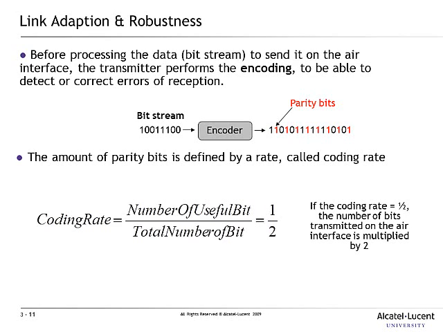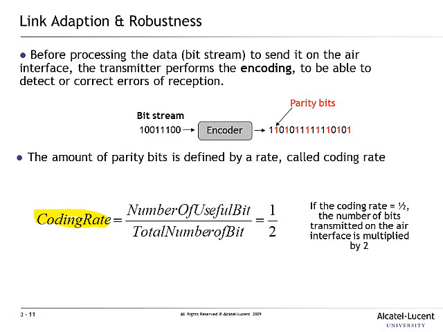These are referred to as parity bits. There are many different error coding schemes that can be used, and one of the things associated with this encoding is the word coding rate. Okay, so coding rate refers to the number of useful bits divided by total number of bits.